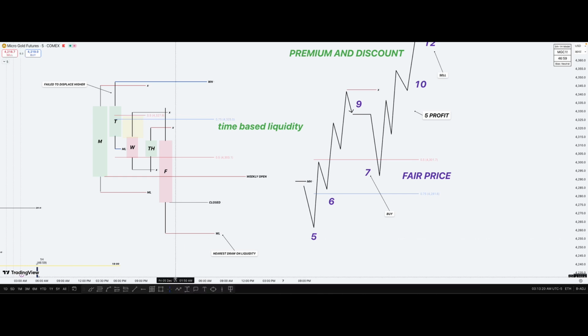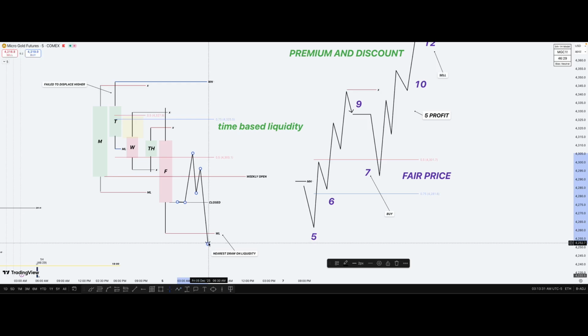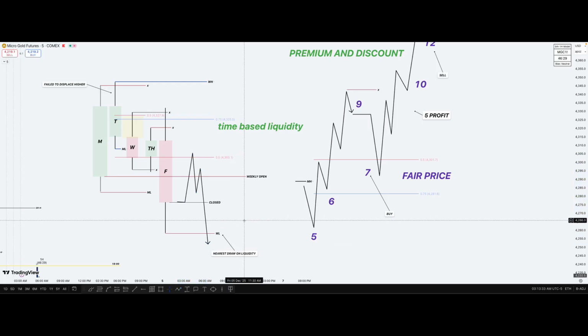If the price opens up like this, goes higher, takes the high and then falls towards your draw on liquidity. Does it make sense?